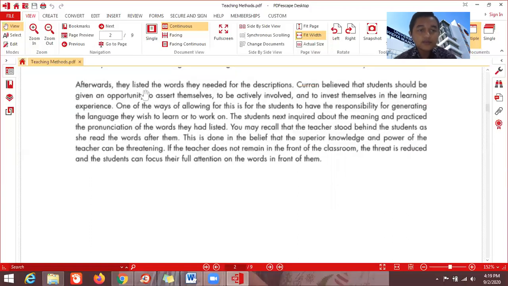Basically, it's a time management technique we are learning here as well. Afterwards, they listed the words they needed for the descriptions. Yeah, the activity that is described from the video. Curran, the expert or the founder of this method, believed that students should be given an opportunity to assert themselves. They need to start speaking themselves, to be actively involved and to invest themselves in the learning experience.